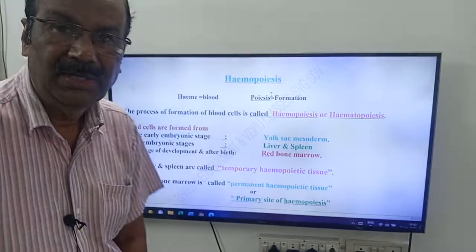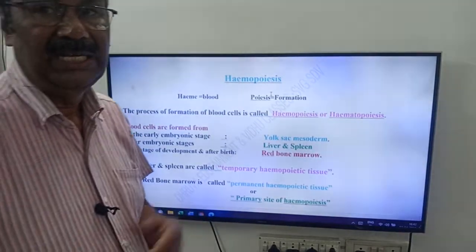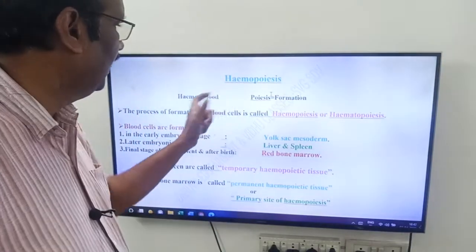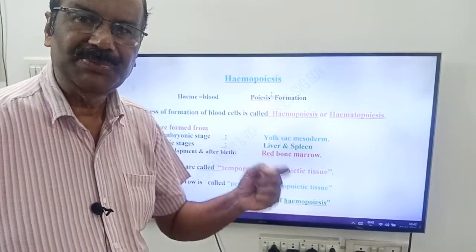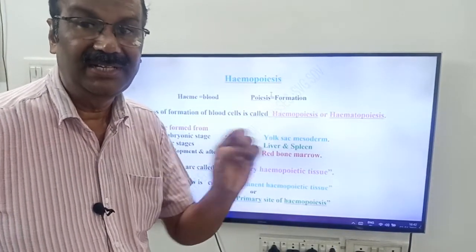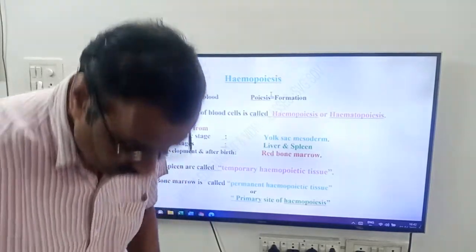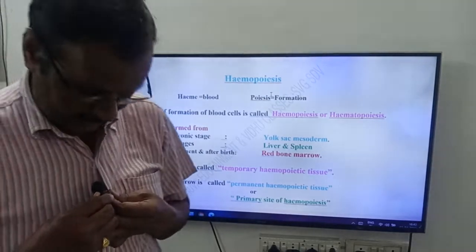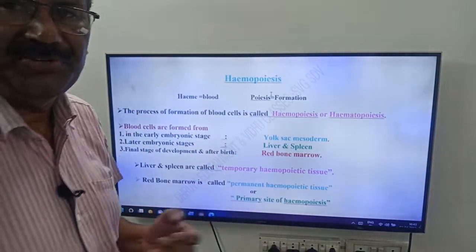Now come to another important definition, hemopoiesis. Here we have the word hemopoiesis. Heme means blood, poiesis means formation. You have to see the inner meaning of hemopoiesis.